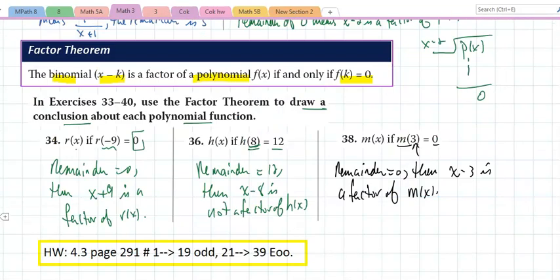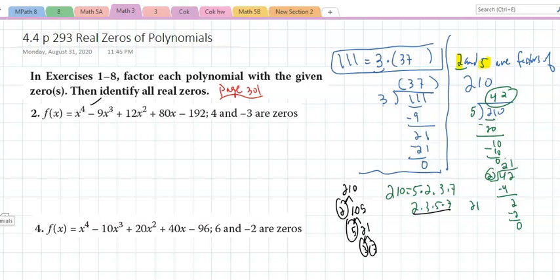So, if I look at this problem, they're telling me 4 and -3 are zeros. What are they saying? They're saying f of 4 equals 0 and f of -3 equals 0. Isn't this remainder? That's like somebody saying, hey, if you add 1 plus 1 plus 1, you get a 3.